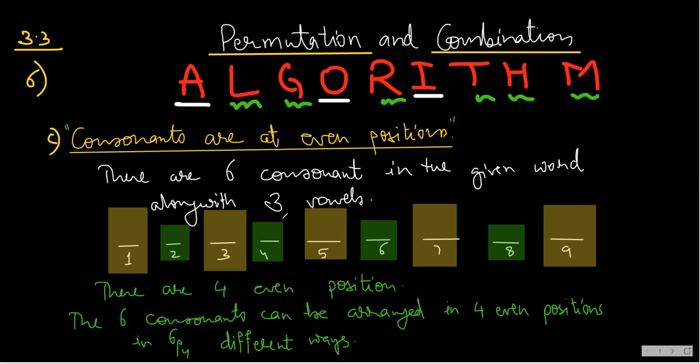The 5 letters will be 3 vowels and 2 leftover consonants. Remember, there were 6 consonants, of which you could arrange only 4. So 2 consonants are still in the pipeline. You understand? So I will write the 5 odd places.